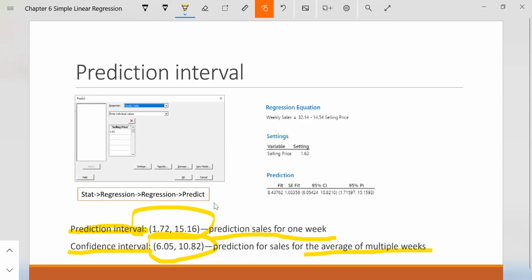But back to our prediction here. You might say, well then, let's always provide the confidence interval. No, it doesn't work that way. The confidence interval is narrower just because when we predict for multiple weeks, and when we calculate the average of these multiple weeks, we can smooth out the random errors. We can smooth out behaviors like me going into the store just buying 2 gallons instead of 1 gallon out of no reason.